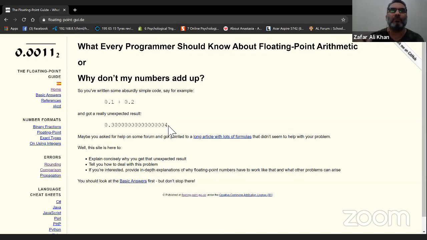We have got 0.300000004. So why do we have these numbers? Basically, neither 0.1 nor 0.2 can be represented in a computer's floating point. 0.25 is possible, 0.5 is possible, 0.75 is possible, and the whole one is possible.